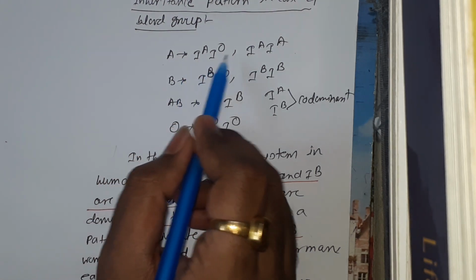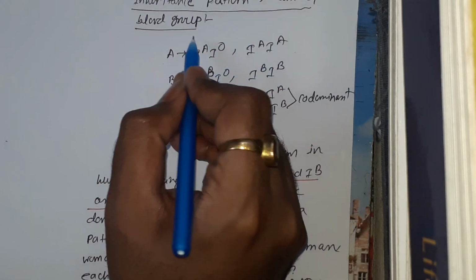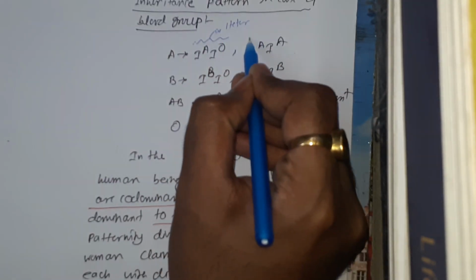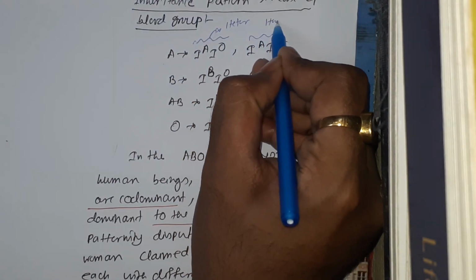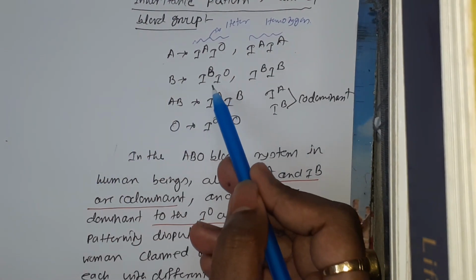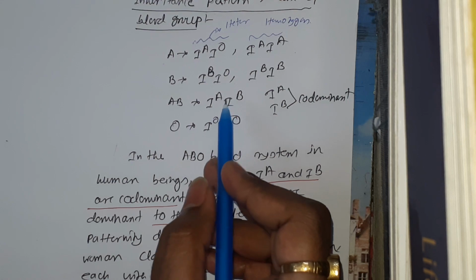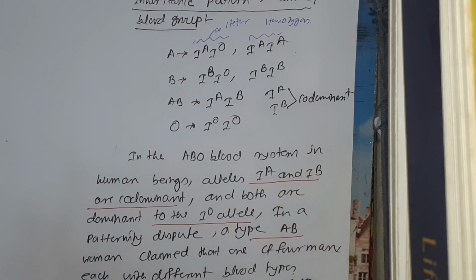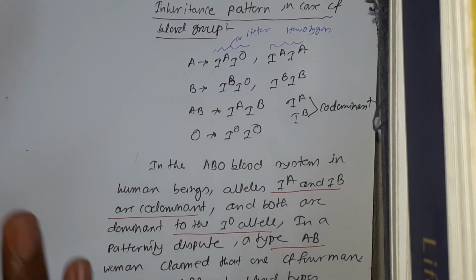One is IA IO, and another one is IA IA. This indicates the heterozygous type, and this indicates the homozygous type. Similarly, in case of B, we have IB IO and IB IB, and IA IB and IO IO in case of AB and O respectively. I think you already know it.